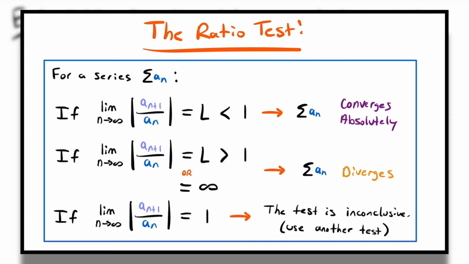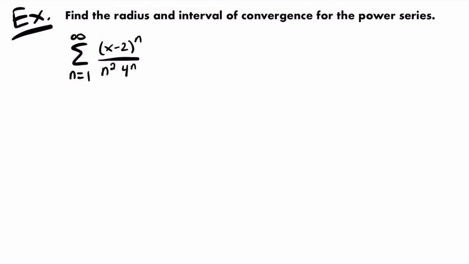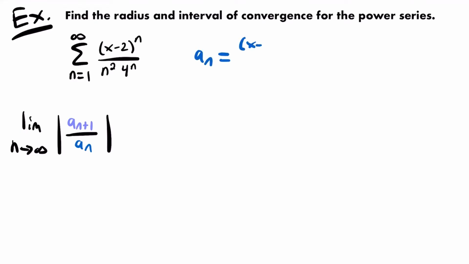So if we go back to our example, for this power series, we are going to take the limit as n approaches infinity of the absolute value of a sub n plus 1 divided by a sub n. All right, now in this case, a sub n is equal to x minus 2 to the power of n divided by n squared times 4 to the power of n.